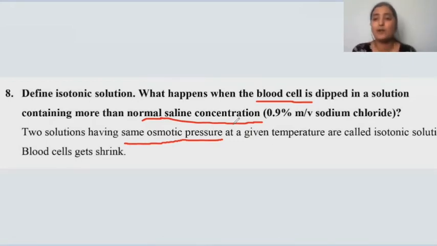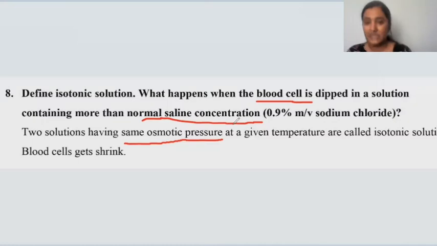Osmosis is the process of movement of solvent molecules from a solution of lower concentration to the higher concentration through a semi-permeable membrane. That is regarded as osmosis. And here, as I mentioned, the blood cell is isotonic with the normal saline solution. Both the blood cell and the normal saline solution have the same osmotic pressure. When the osmotic pressure is the same, no osmosis takes place, because both the solutions have the same concentration, same osmotic pressure.